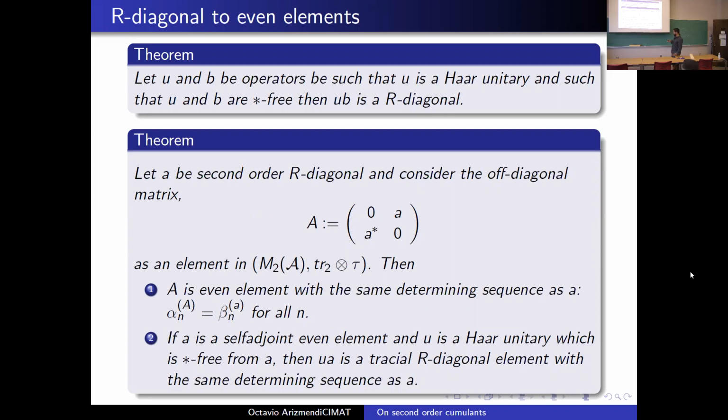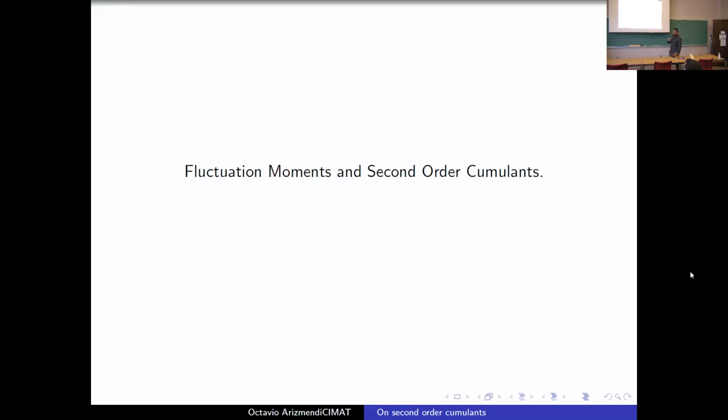And so now I want to go to the second order level and see if I have an analog of R-diagonal elements and even elements. Sorry, I forgot what an R-diagonal element was. R-diagonal element means that the only joint cumulants between A and A star are these. Then maybe you ask me, why do you care about this?